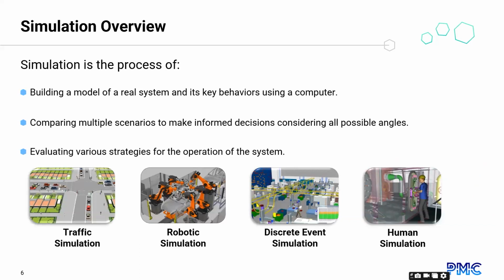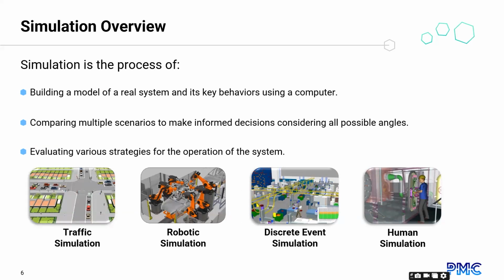So let's start by talking a little bit about simulation. Now, what is a simulation? Simulation is the use of a computer program to model a real-world system and its key behavior in order to validate decisions that affect the system.